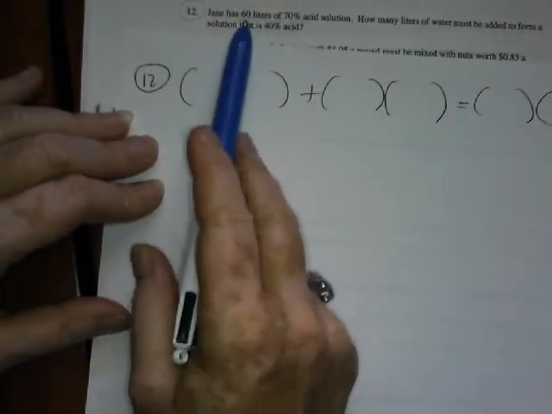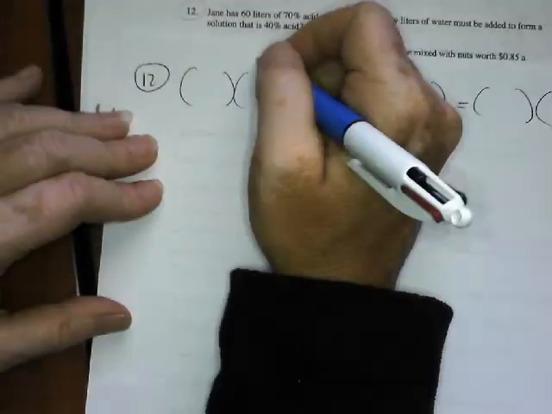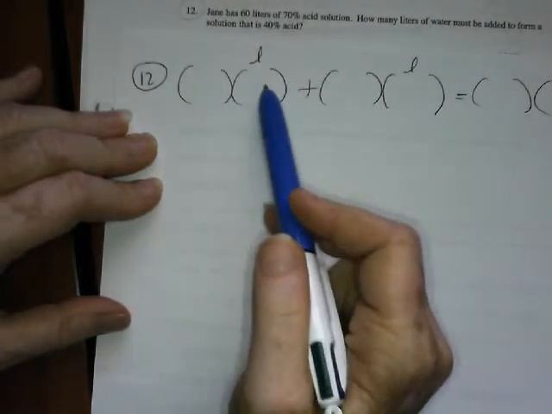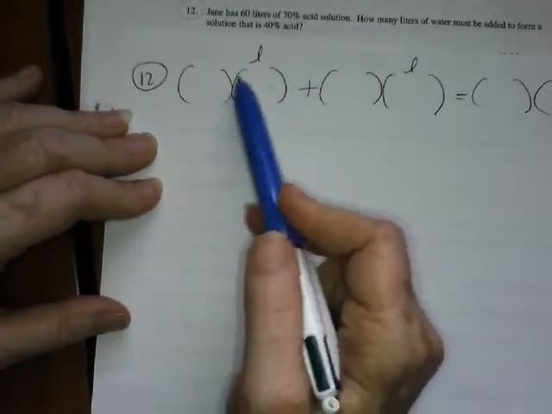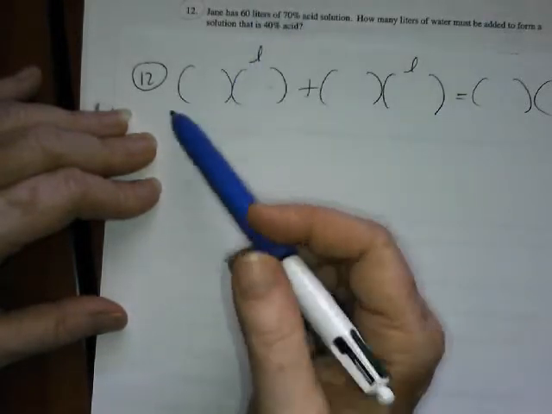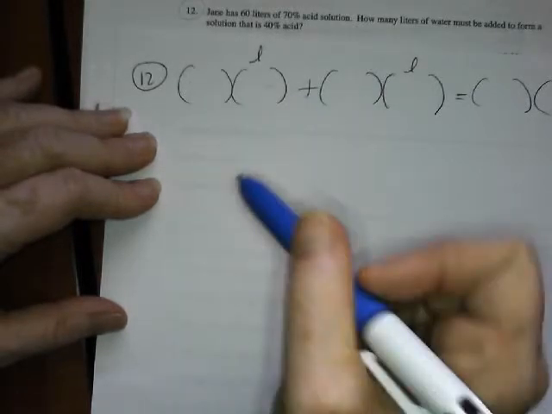Okay, in this case, I have liters, and then I usually put my quantity on the right for some reason, and I'll put my values on the left. I'm going to put my percents, I think, on the left.